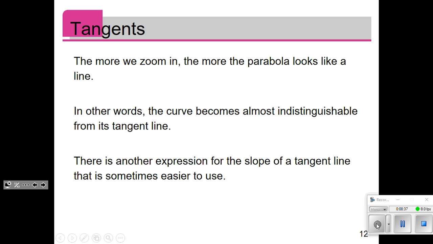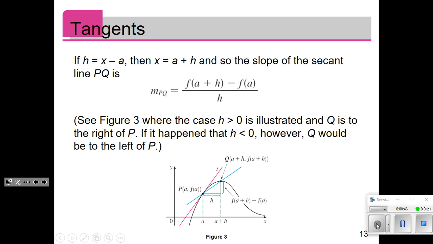There is another expression for the slope of a tangent line that is sometimes easier to use. If h equals x minus a, then x equals a plus h. So what they're talking about, this definition is sometimes easier to use.